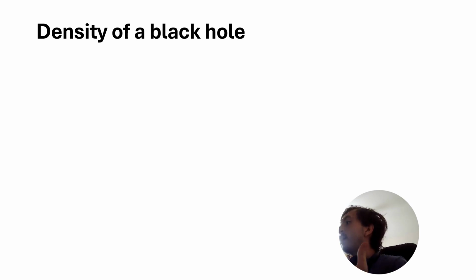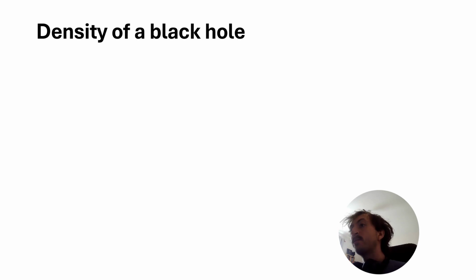And so, as a black hole gains more mass, yes, its mass increases, but also its radius and its volume will increase. Meaning that there's a question mark around, well, given this increase in volume, would the density still increase? Would the density remain the same, or would the density actually drop? And so that's what we're going to be looking at and trying to answer in this part of the video.